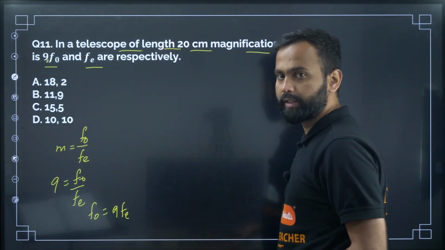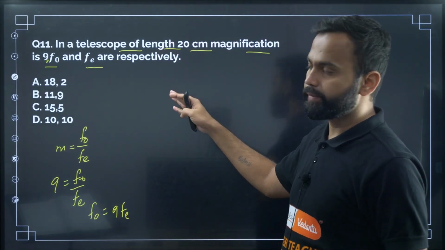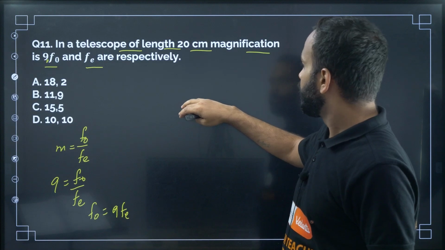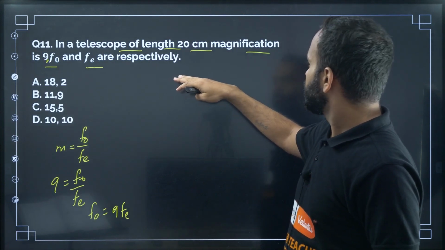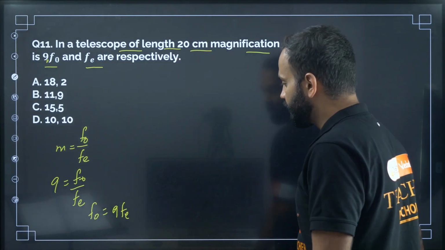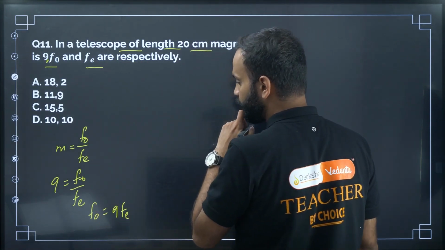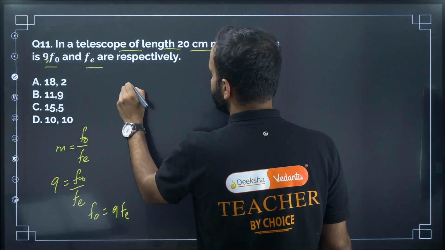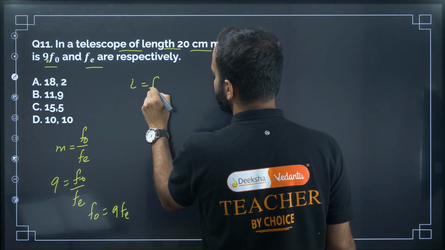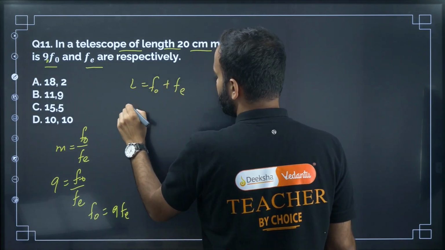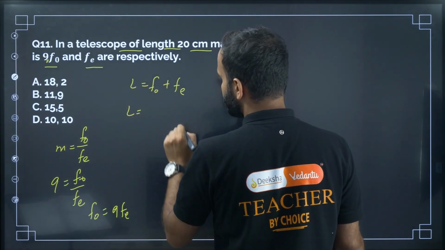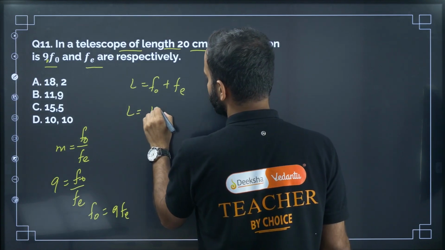The same kind of question, here they have just changed the values. Now FO equal to 9 into FE, and length of the telescope L equal to FO plus FE. So L equal to 9FE plus FE, that is 10 FE.